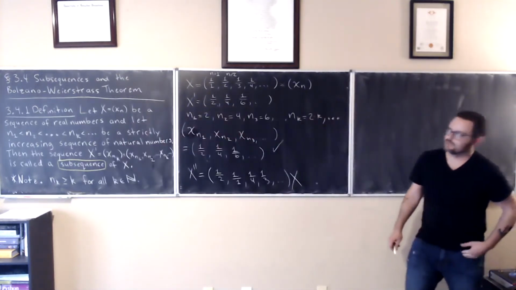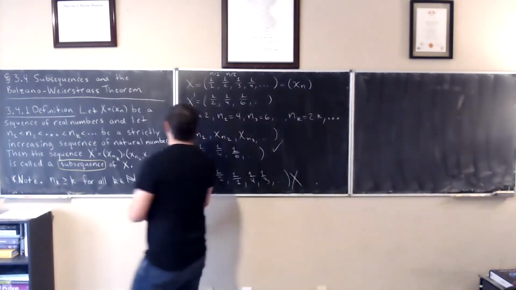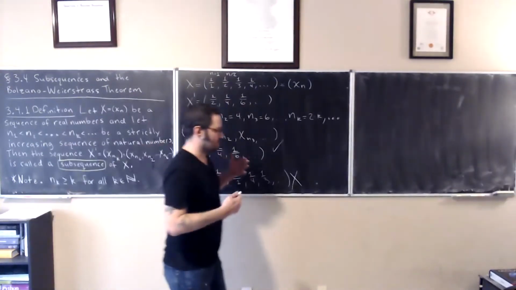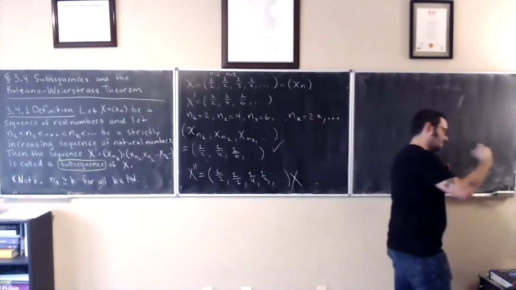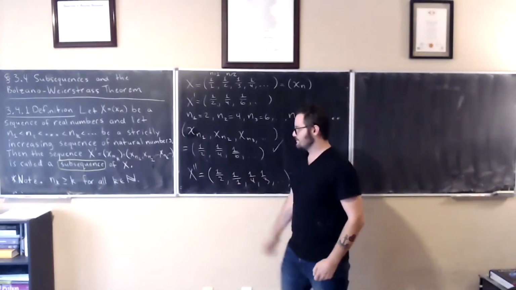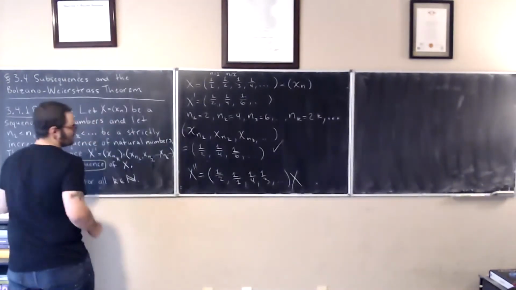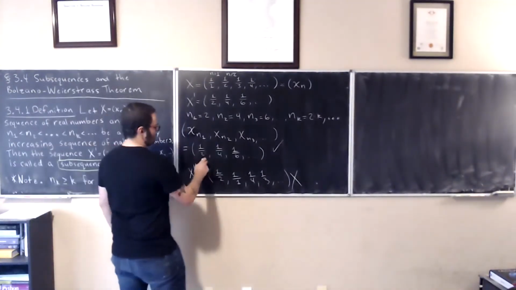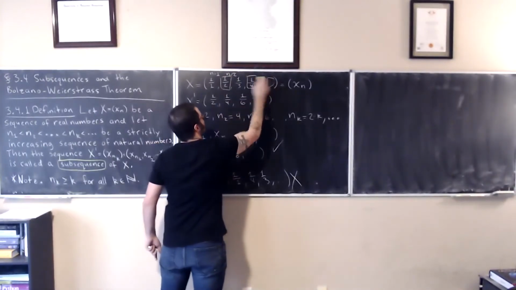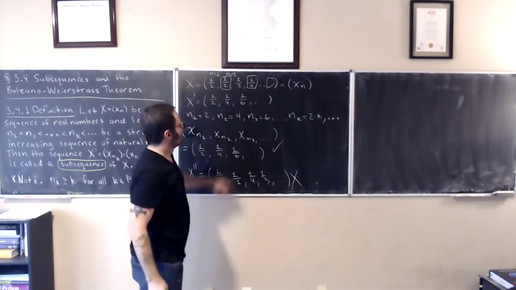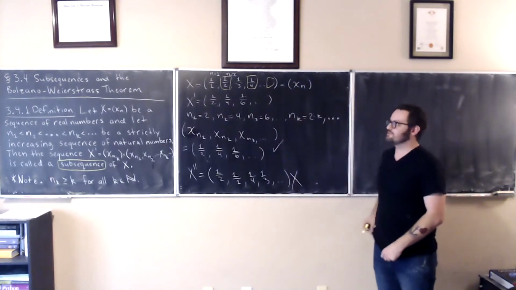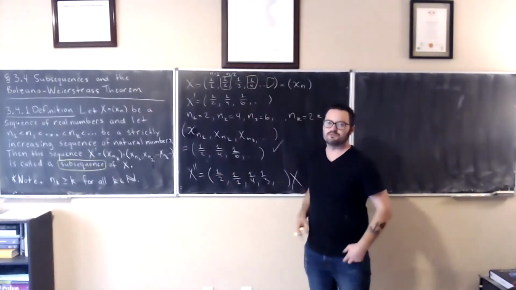Okay. It's all about making sure that the indices of your subsequence are indeed increasing, so that when you look at your subsequence inside of the supersequence, I suppose, then you are indeed getting a subsequence, something that is a sequence contained in this sequence.